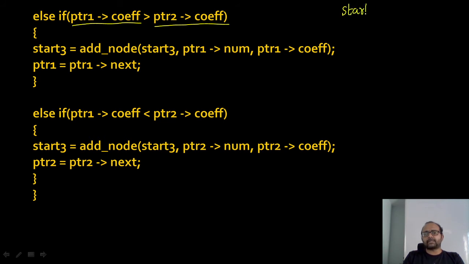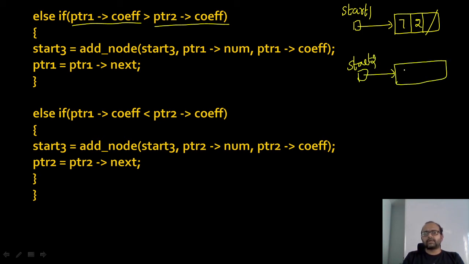Start1 pointer is clearly pointing to a new node, and this particular node contains again three parts. So let us consider this is 7, 2 and this is null. Similarly, start2 is representation of another polynomial which is pointing to another one, like this is 3, consider this is 2 and this is null again.